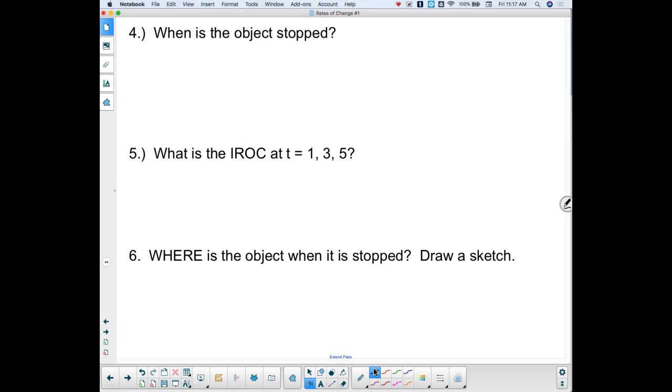Our function was that. Our first derivative was that.